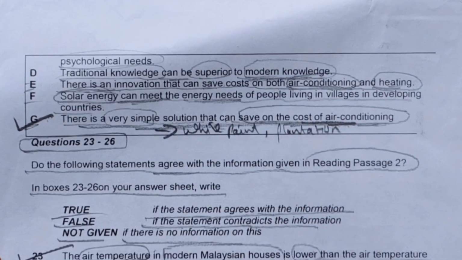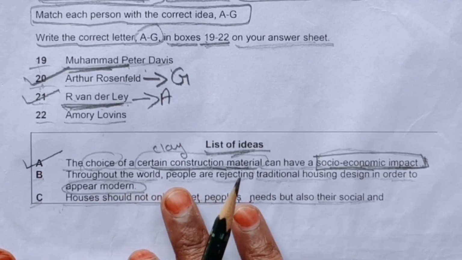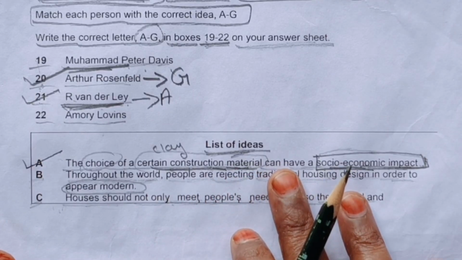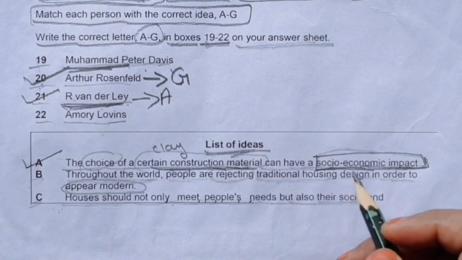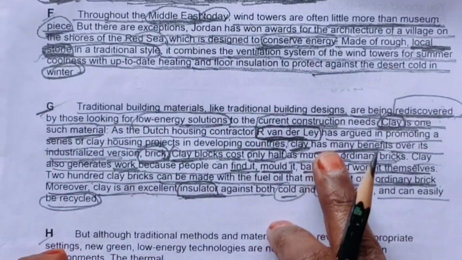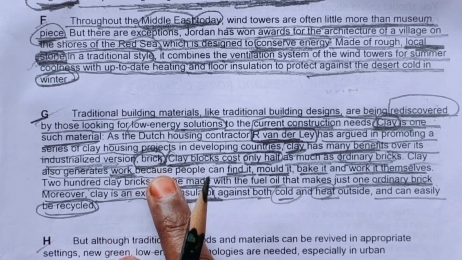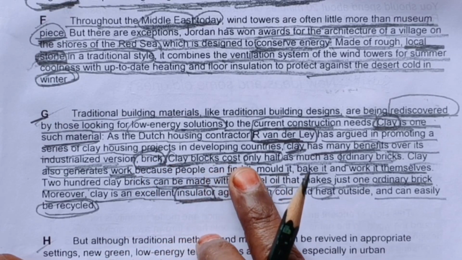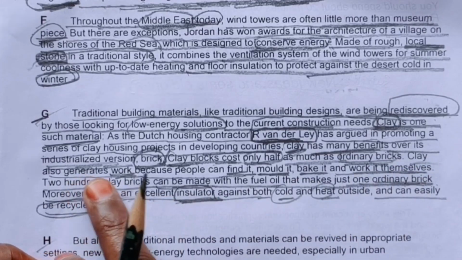This also we have not seen. So our answer will be this A option: the choice of certain construction material can have a socio-economic impact. Socio-economic impact means these lines: clay blocks cost only half as much as bricks, clay also generates work.